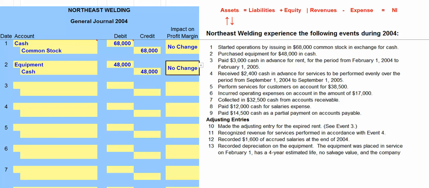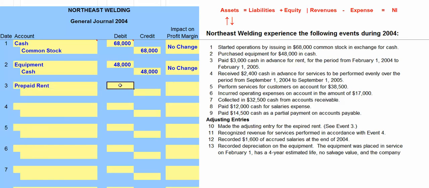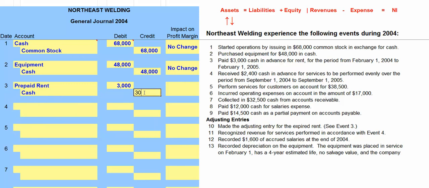Let's go ahead and record the transaction. We'll have an increase in prepaid rent in the amount of $3,000, which is recorded with a debit to assets, and the decrease in cash, an asset, is recorded with a credit of $3,000. And again, since this does not involve revenues or expenses, there's no impact or change on our profit margin.